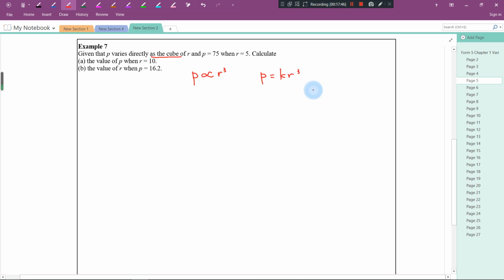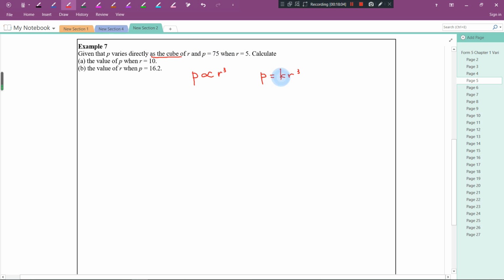Same thing here. Okay, now we want to calculate the value of p when r is equal to 10. Here we have two methods. I'm going to show you two methods of getting the value of p. The first method is to get the value of k first.